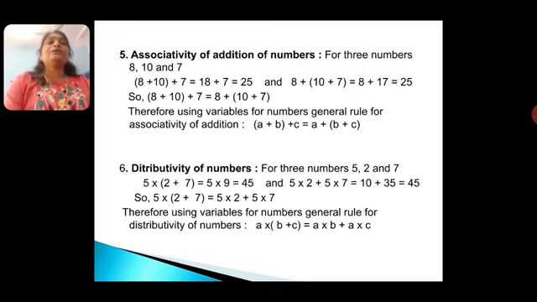So 5 into (2 plus 7) equals 5 into 2 plus 5 into 7, which is the distributivity property. Therefore, using variables for numbers, we can find the rule for distributivity, that is a into (b plus c) equals a into b plus a into c.